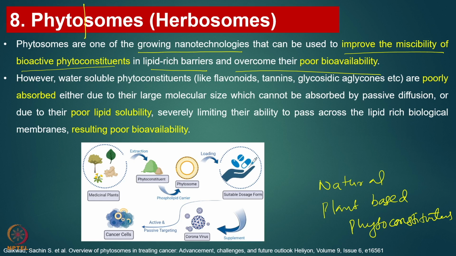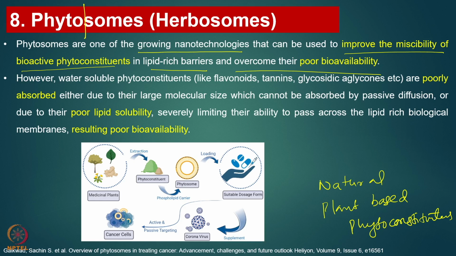Now, we know that phytoconstituents come in two categories: water soluble and water insoluble. Both are difficult in terms of bioavailability in a dosage form. To improve the solubility and also the permeability, we need to apply various formulation strategies, so that ultimately we see enhancement in absorption, which leads to higher bioavailability.